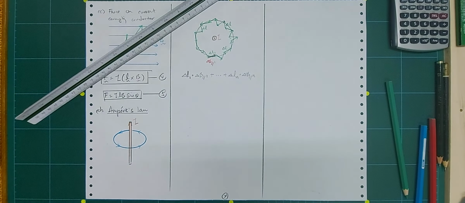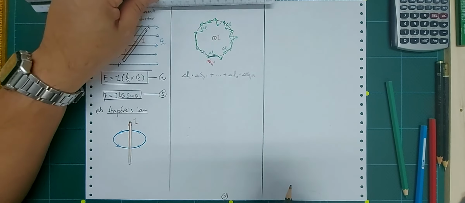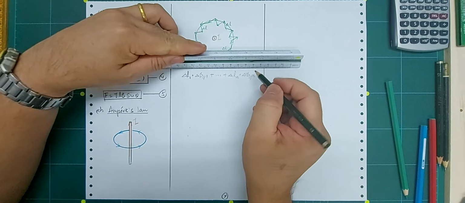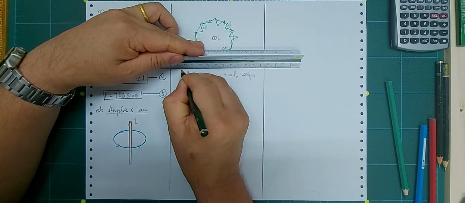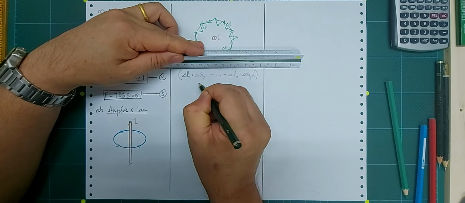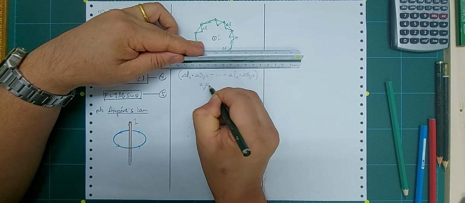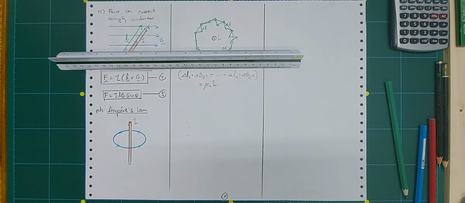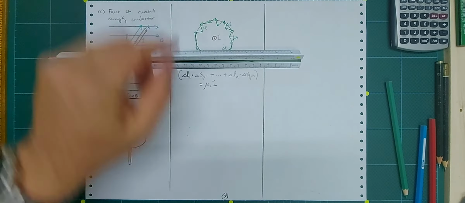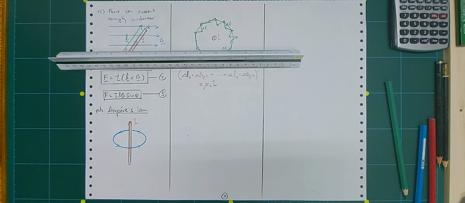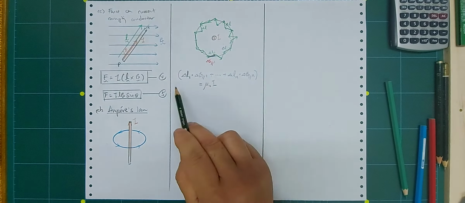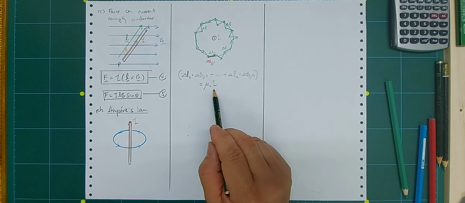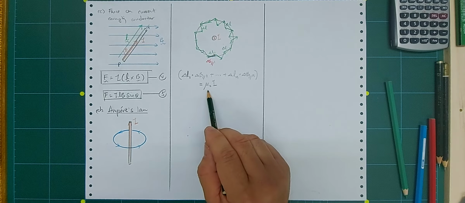What do you get here according to Ampere's law? This whole thing is going to be equal to mu naught I. I is the current. The mu naught is one of the constants, called the permeability. The discovery is directly proportional to the size of the current, but when you put in a constant, it becomes like that.